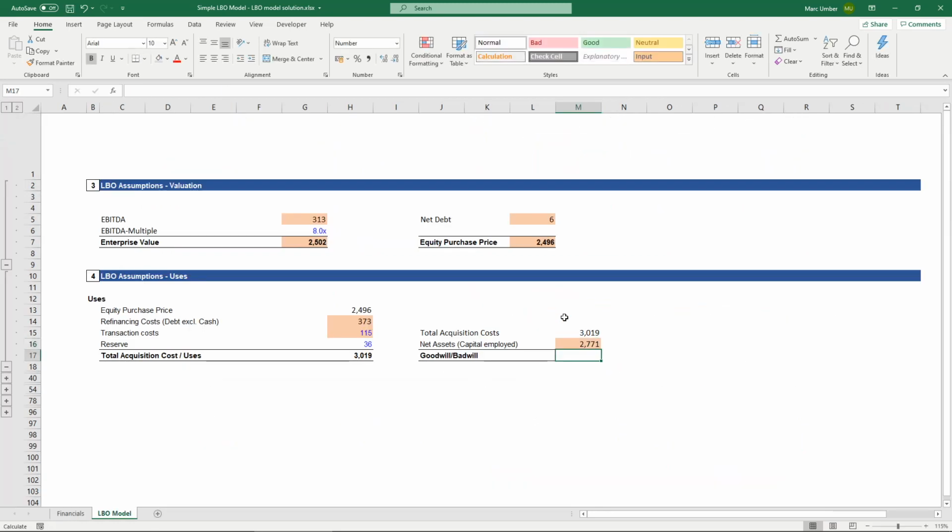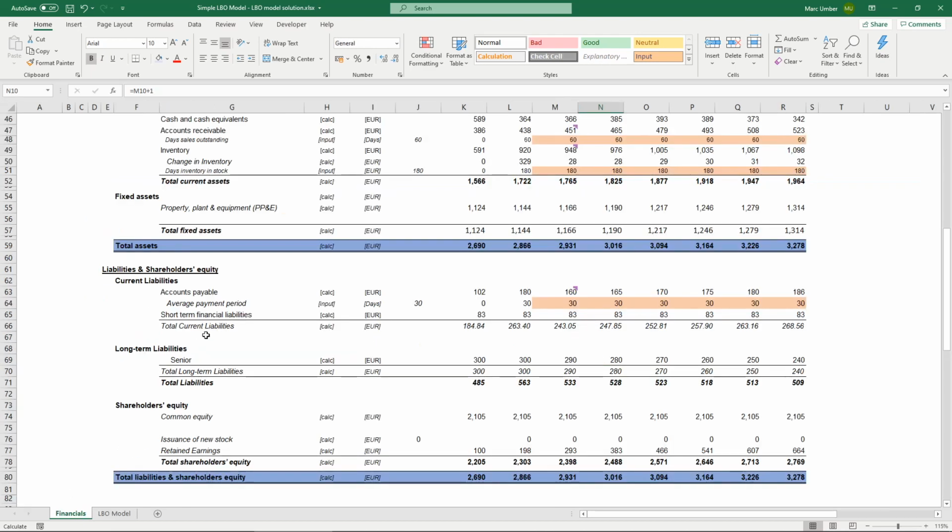This is the net assets, which results in a goodwill of 248. The goodwill will be the first additional element that we introduce in our balance sheet. It is a fixed asset, and we will add this as the first line item.